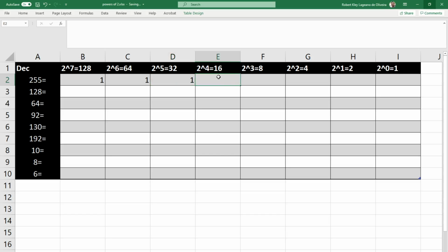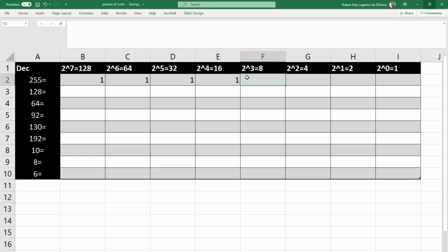Now 31 I will carry forward. 31 minus 16 will be 15, or 31 divided by 16 is going to be 1. Remainder is 15. So I'm going to go forward, and now what I have here is 15. 15 divided by 8 is 1.